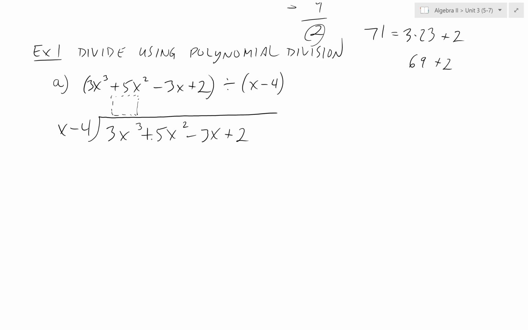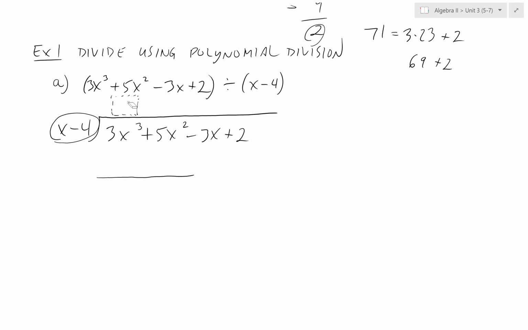Okay. And so we need to put something in this box so that when we multiply it times x minus 4, the first term is going to be 3x cubed. So what can I multiply an x by that's going to make it into 3x cubed? 3x squared.